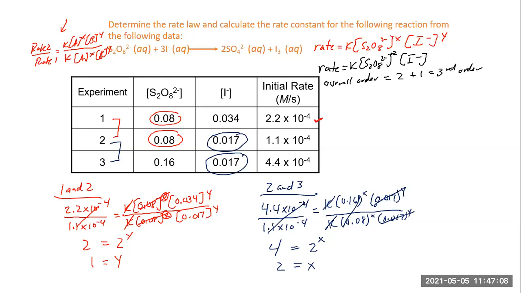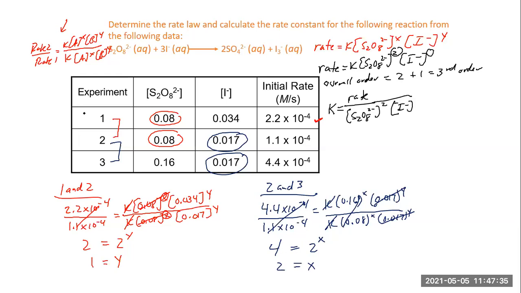Again, we're adding up our exponents. Now that we have the completed rate law, we can solve for k. Rearranging the rate law, k would equal the rate divided by the concentration of S2O8 2-, and we do need to square it, times the concentration of I-.